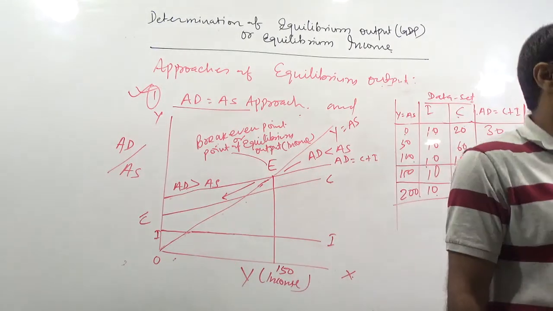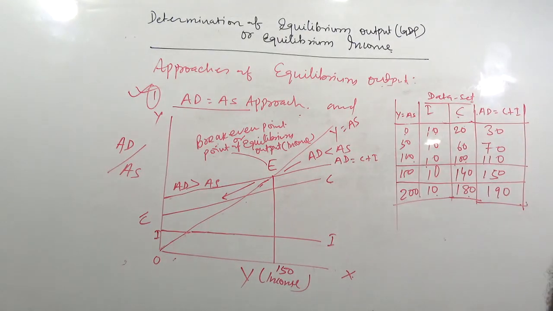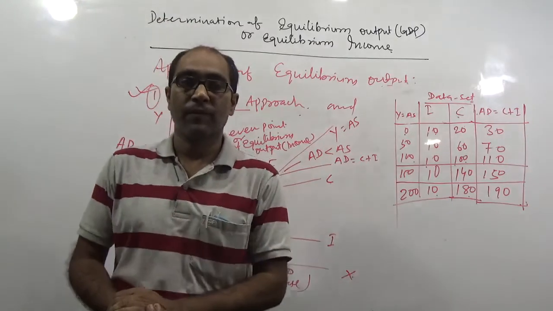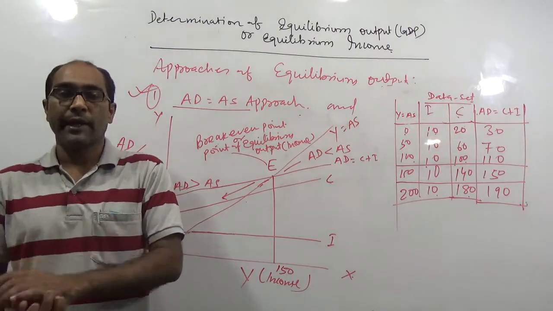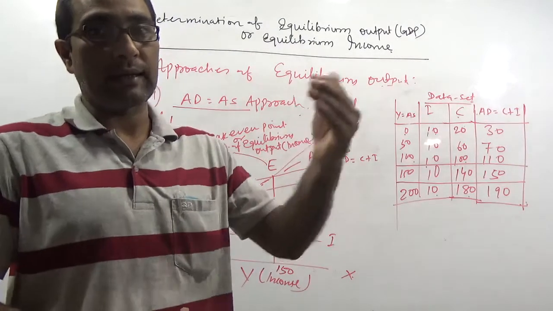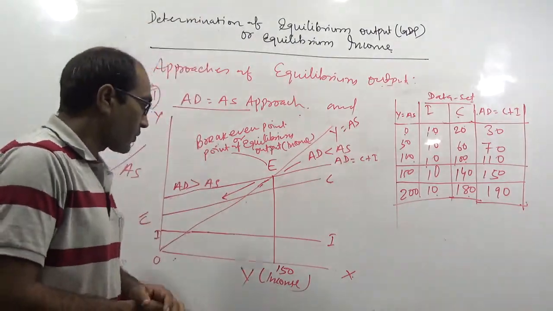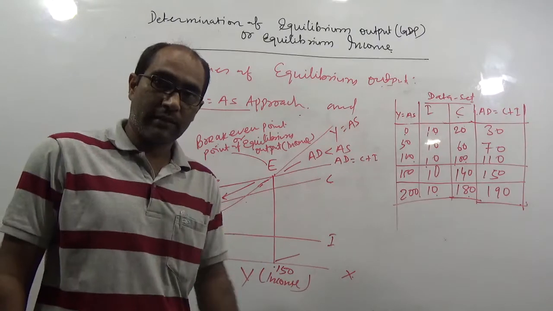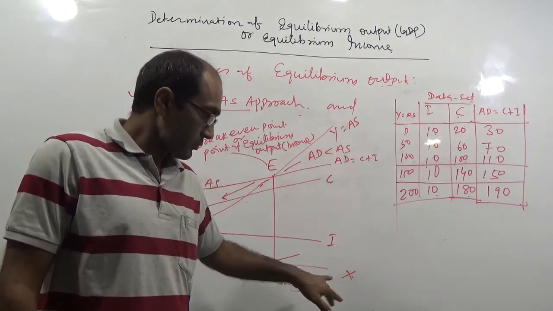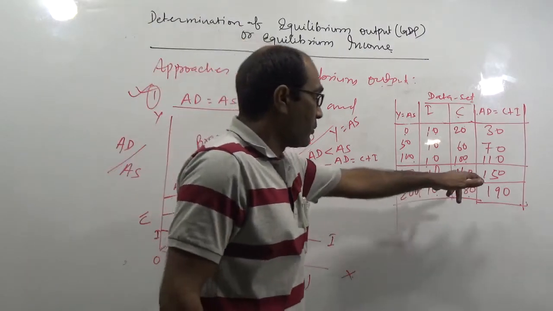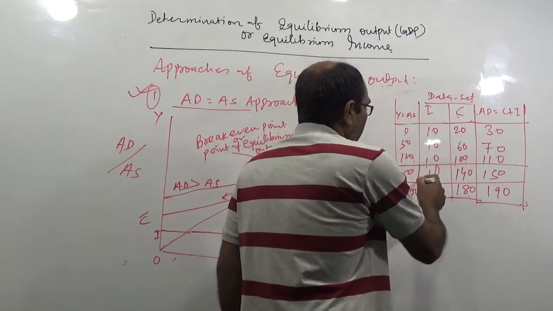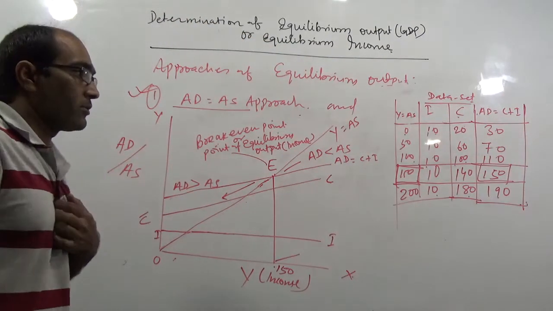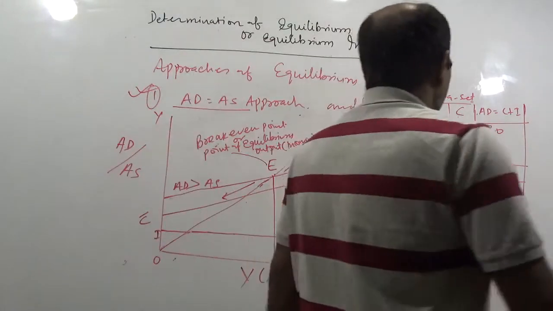After E, our AD is less than AS, but at the point E, or point of intersection between AD and AS, our AD is exactly equal to AS. So this level of income is considered the point of equilibrium. We observe that 150 is the level of income at which our AD is exactly equal to AS.